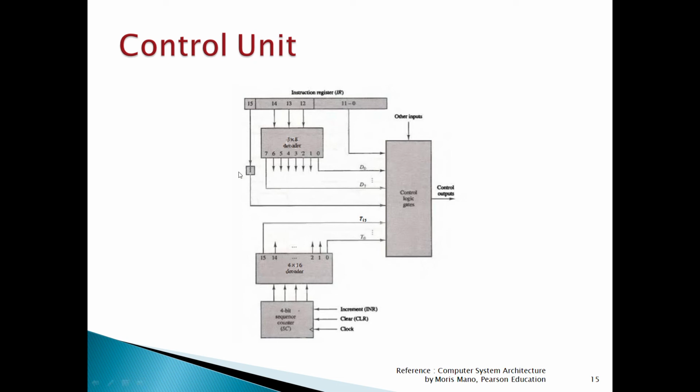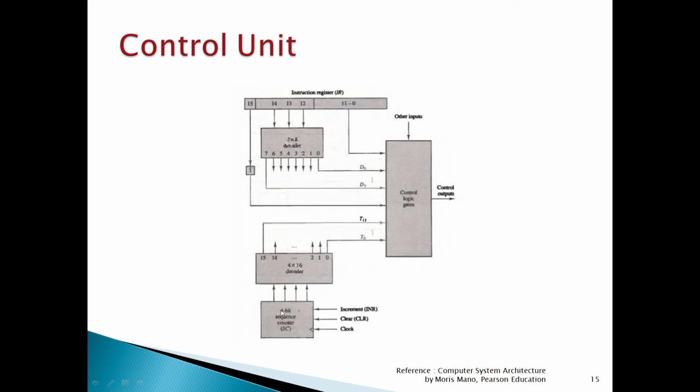If it is 1, it indicates that the indirect addressing scheme is going to be used, and it will fetch the operand accordingly. It will give the control outputs accordingly, whether direct or indirect addressing. And for the micro operation, whatever information has been received from this decoder, it will provide that to all.